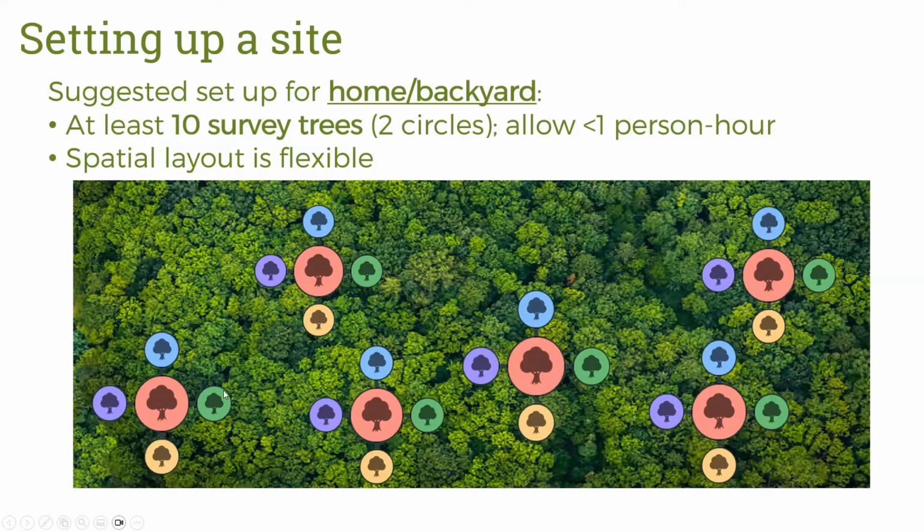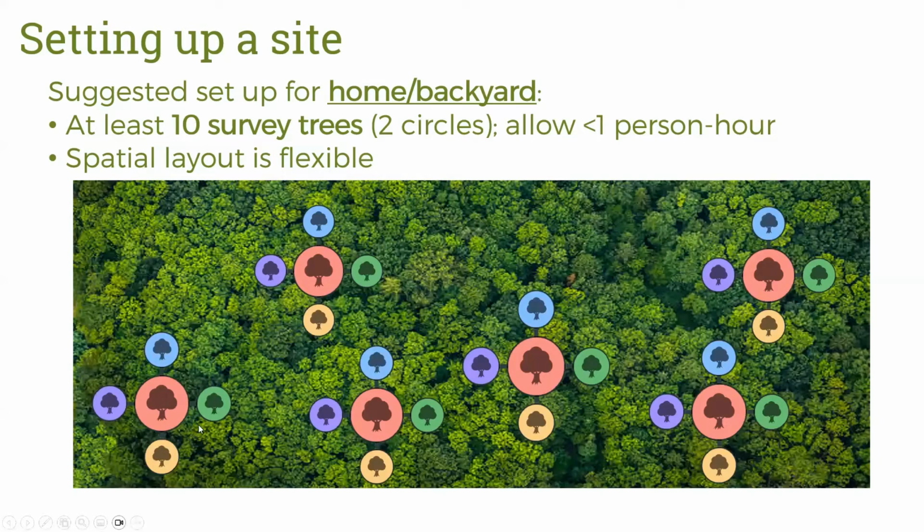I'm going to put one group of 5 survey branches over here. And you can kind of choose a tree in the middle and say, okay, that's going to be the center of one of my circles. And there's an area with lots of branches over here. I'm going to choose that one in the middle to be the center of that group. And so these red survey branches in this graphic are chosen subjectively, based on where you see a bunch of vegetation you could choose from.